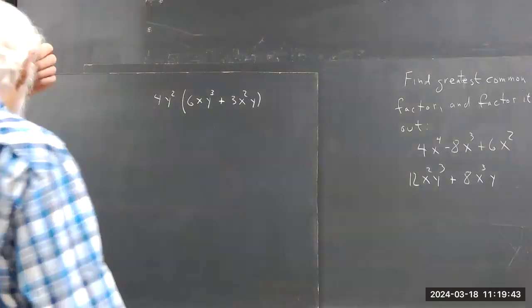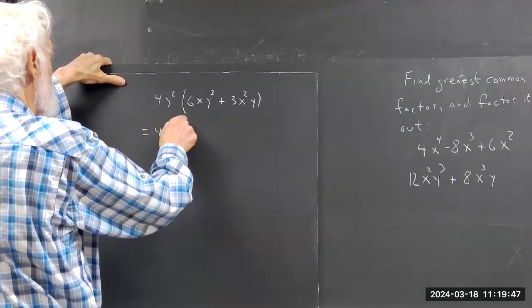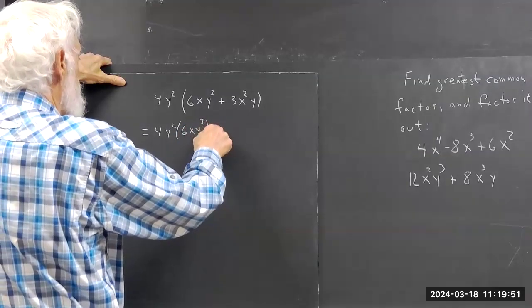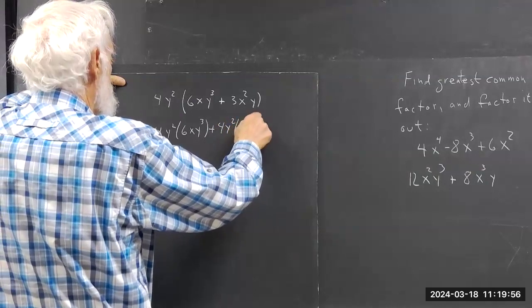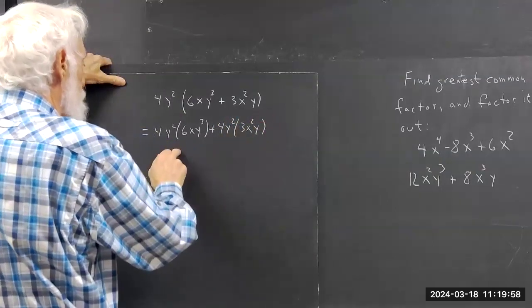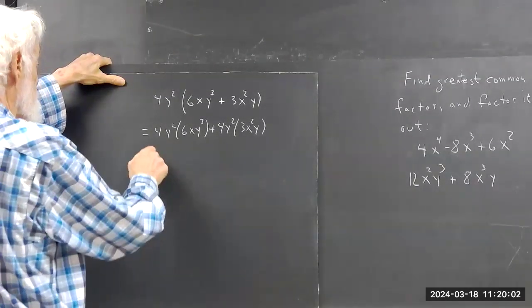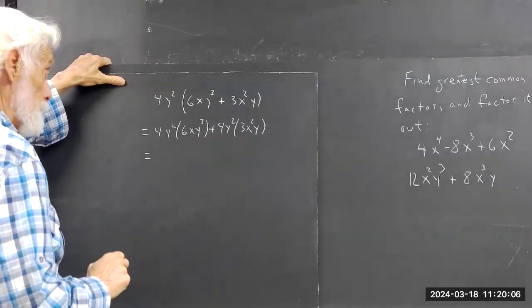Well, we get 4y squared multiplied by 6x y cubed plus 4y squared multiplied by 3x squared y. And you probably ought to write out this intermediate step so you don't lose something, and so that you reinforce the meaning of the distributive law.